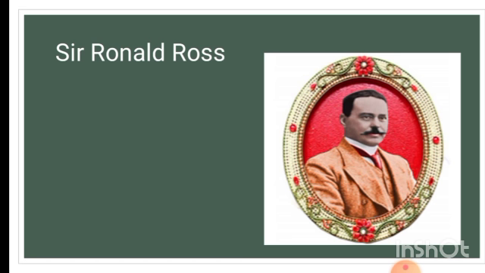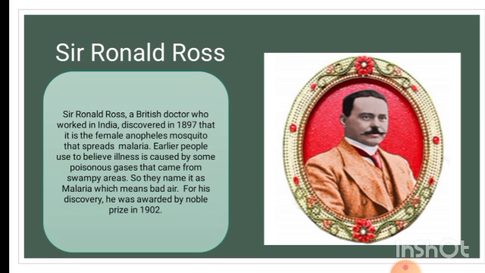Okay, now let us learn about this young man. He is Sir Ronald Ross. Sir Ronald Ross is basically a British doctor who worked in India, and in 1897 he discovered that malaria is spread by female Anopheles mosquito. Do you know, earlier people used to believe this illness is caused by some poisonous gas that comes from swampy areas.